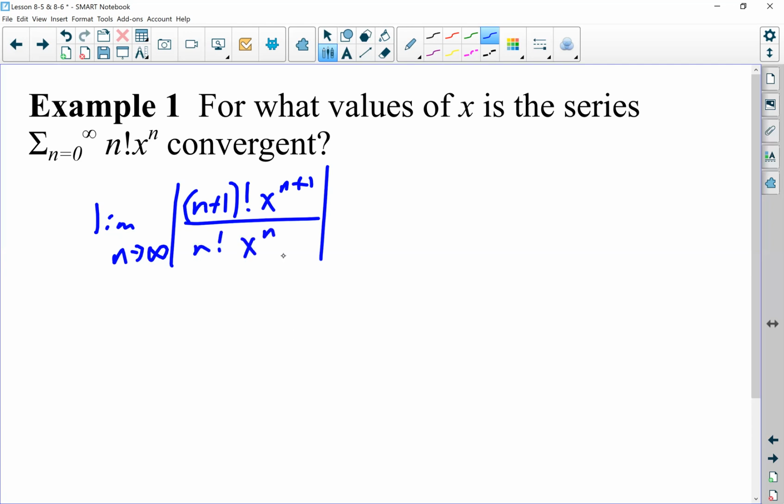And we know we have a convergent series if the ratio test gives us a value less than 1.